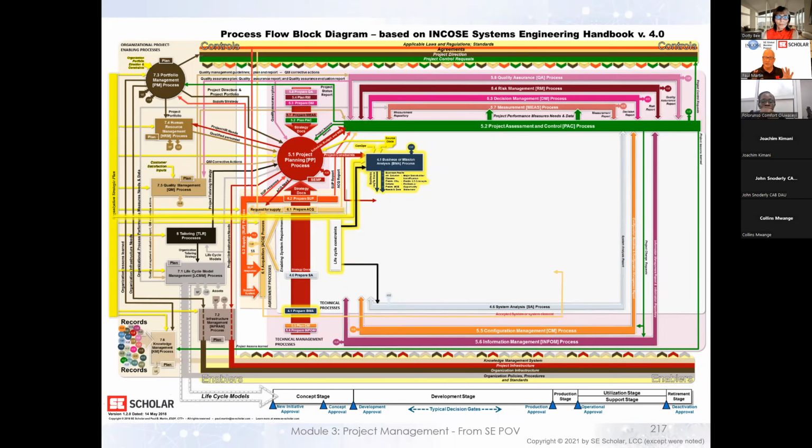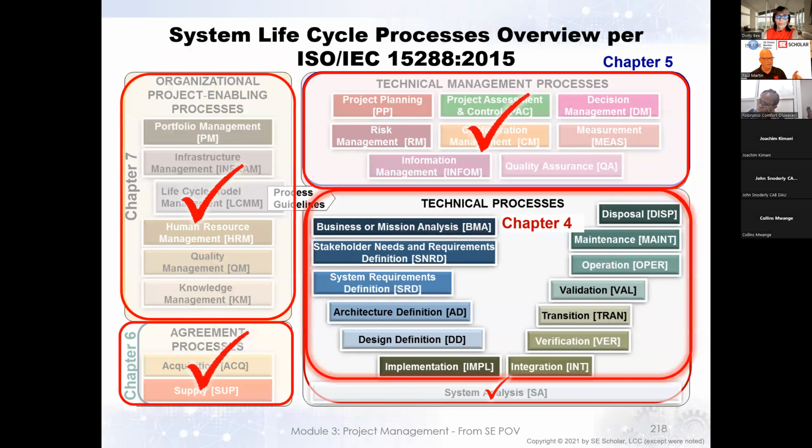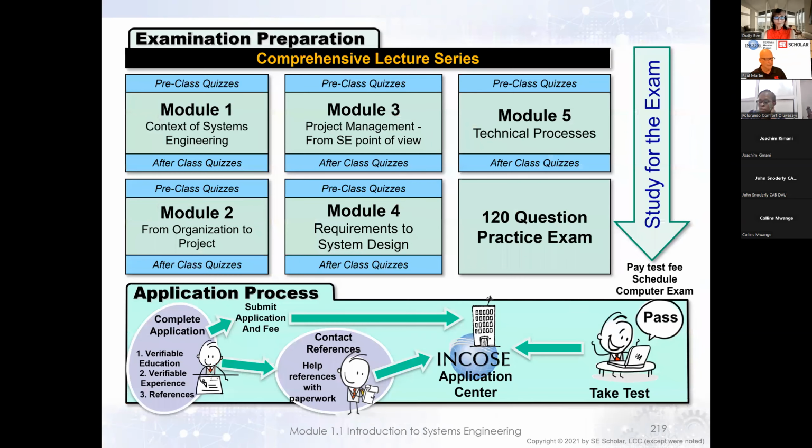I teach from the chart to give you more context of what we're doing. I covered all these project management processes that surround the technical processes. And now we're starting to get into the technical processes. So basically what we covered was 5, 6, and 7. We're starting on chapter 4, I mean.